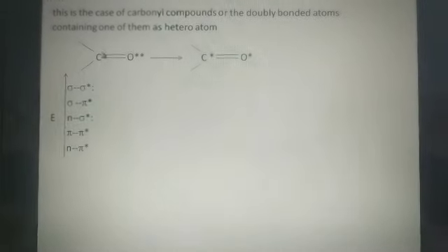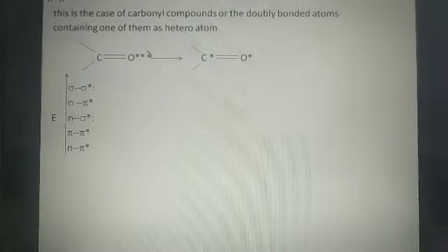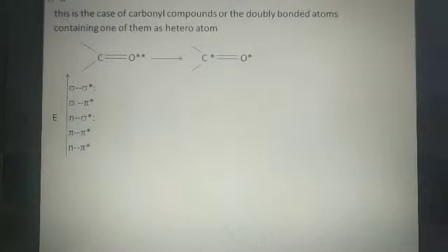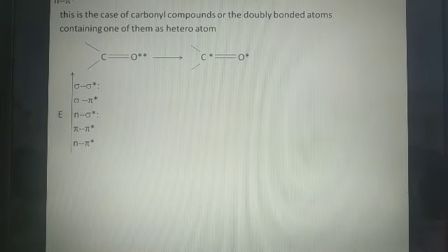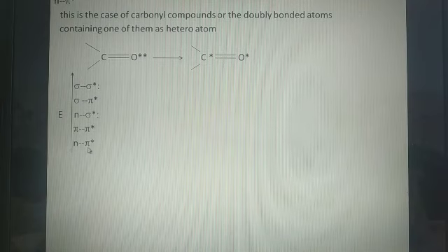N to pi star transitions are also very common because a very small amount of energy is required. So in case of ketones or aldehydes, we have these transitions, that is, n to pi star transitions. Very little energy is required for the n to pi star transitions.